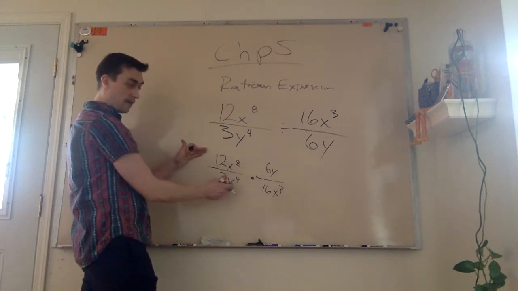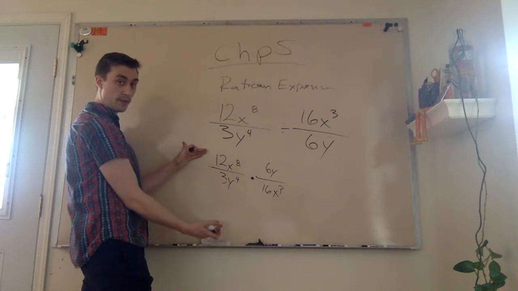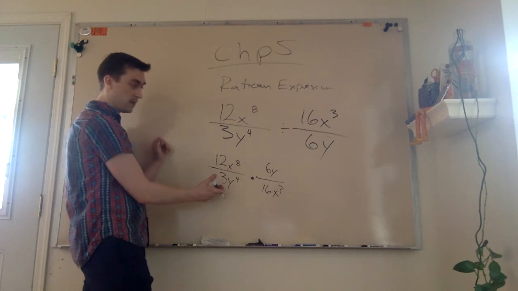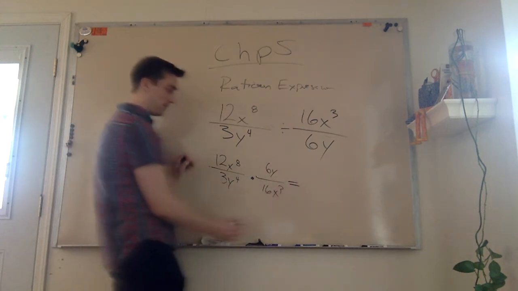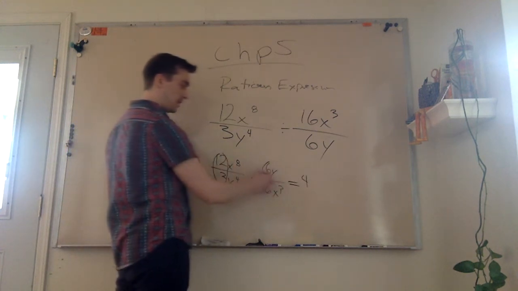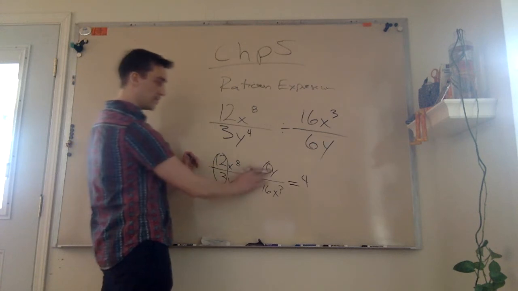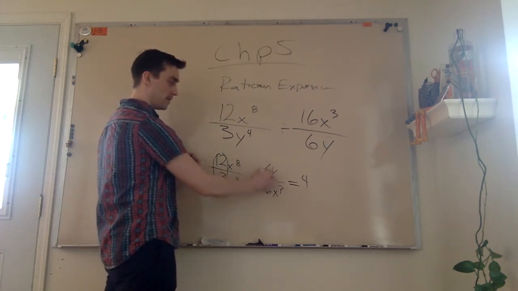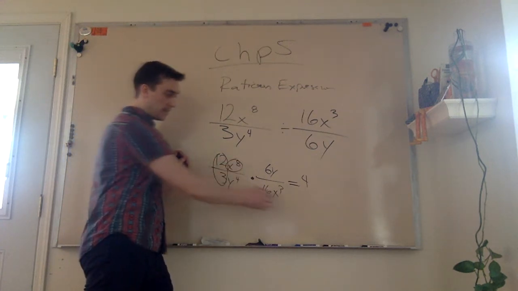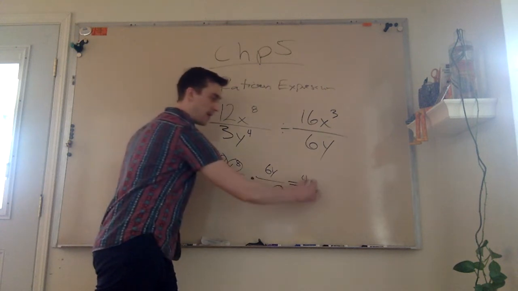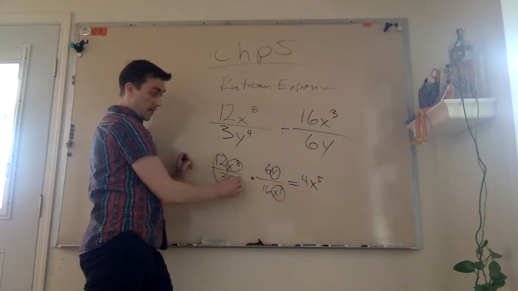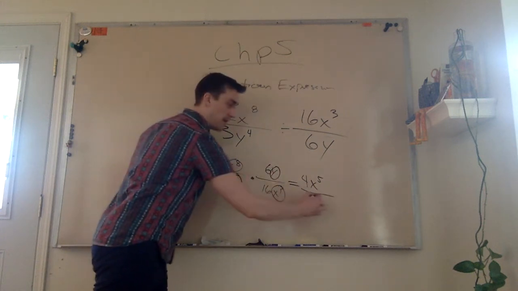There's 1 y on top, 4 y's on bottom, so you'll end up with a y^3 on bottom. Just doing this all mentally, 12 divided by 3 becomes 4. Oh wait, shoot, never mind. I'm already using that 3 up. Getting ahead of myself. x^8 divided by x^3 would be x^5. y^1 divided by y^4 would be divided by y^3.